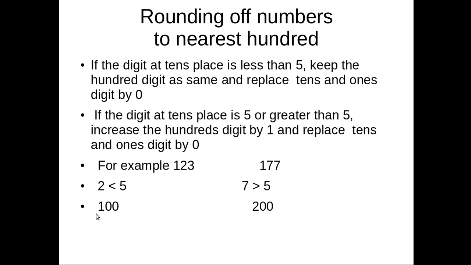So our nearest 100 of 123 is 100. Now see another example, 177. See here its tens place digit is 7, which is greater than 5. So we add 1 to the hundreds place, that means it becomes 2, and we replace the tens and ones place by 0, so it becomes 200. So the nearest 100 of 177 is 200.